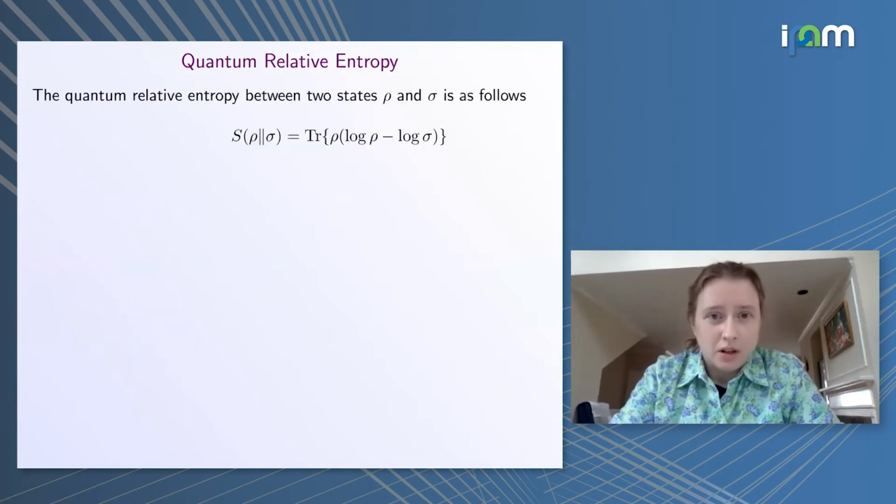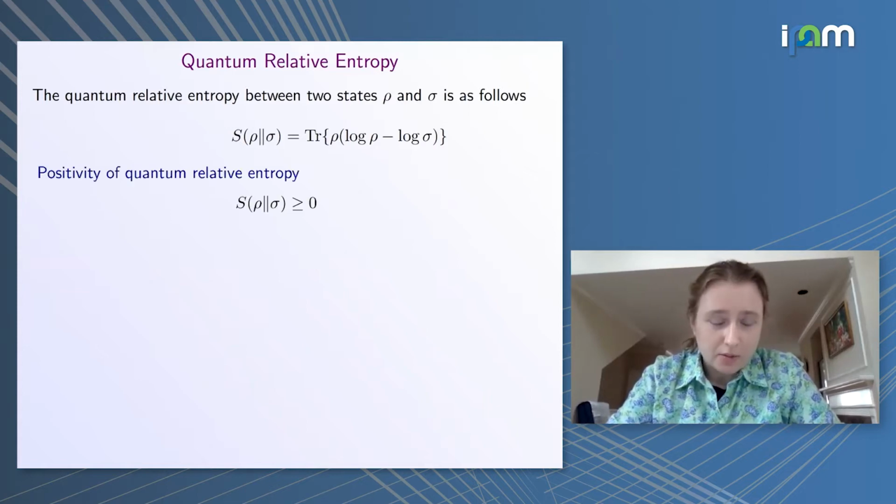Okay, so we've seen quantum relative entropy a couple of times before in the conference, and we'll see it again today and later. So it's a sort of measure of difference between two states, rho and sigma, and it's a function of these two density matrices as trace rho log rho minus rho log sigma. And it has several interesting properties.